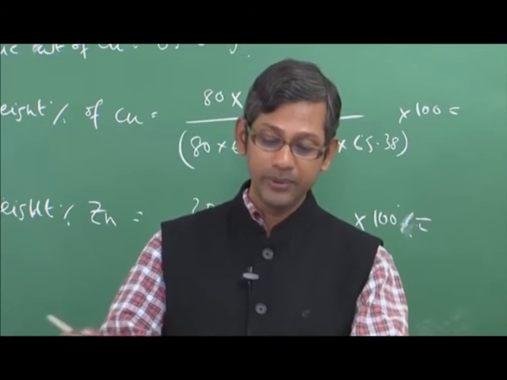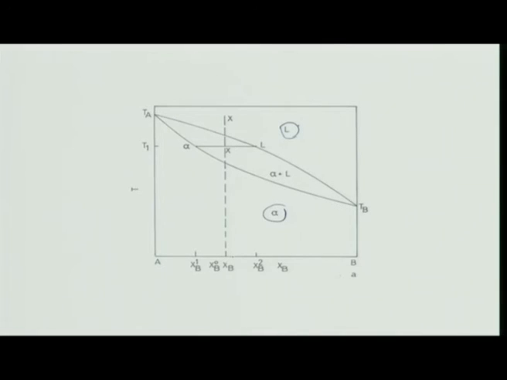So if you see here again the same phase diagram, temperature versus composition axis plotted, and we have three regions: liquid, alpha and alpha plus liquid. Now when we have a single phase region alpha, or a single phase region liquid, it is very easy to apply the phase rule. Let us do that first.